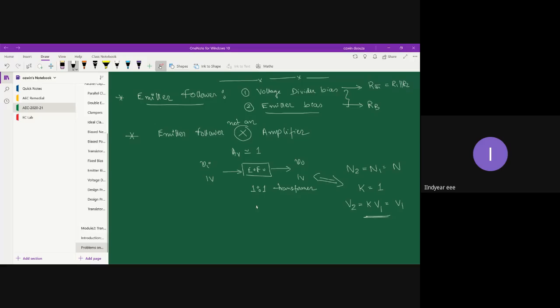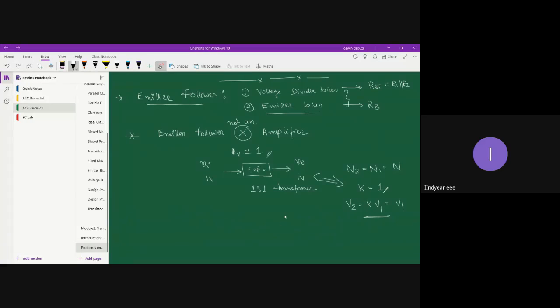You could say that your analogous device for a transformer in AEC is the emitter follower circuit, because the gain for emitter follower is 1, and for a 1:1 transformer, the transformation ratio is 1. So this voltage gain can be compared with the transformation ratio.